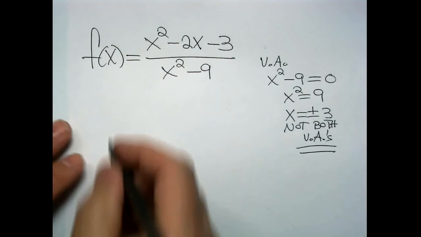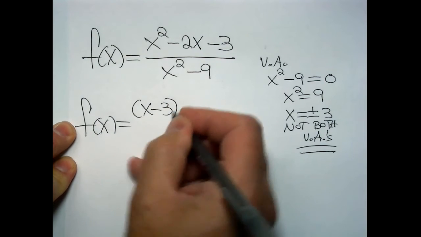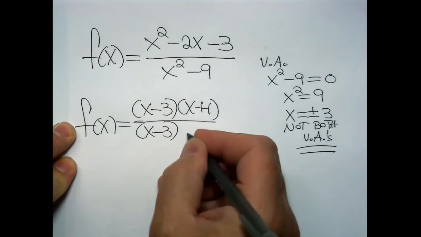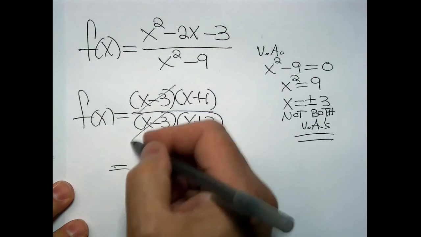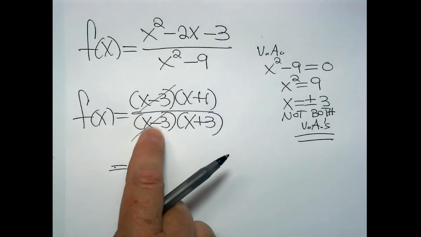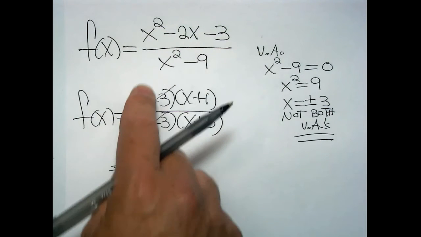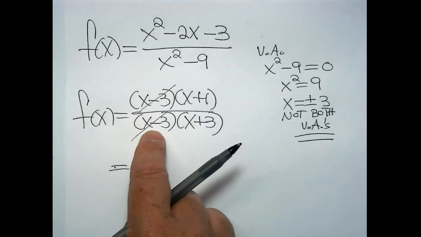So let's do a little factoring over here. f of x, factoring it, you get x minus 3, x plus 1. Down below, you get x minus 3, x plus 3. And our new function, when you cancel out a factor like that, you've got to realize that even though you canceled it out, the originally written function has a problem at x equals 3, because 3 minus 3 is 0, and 3 minus 3 is 0.